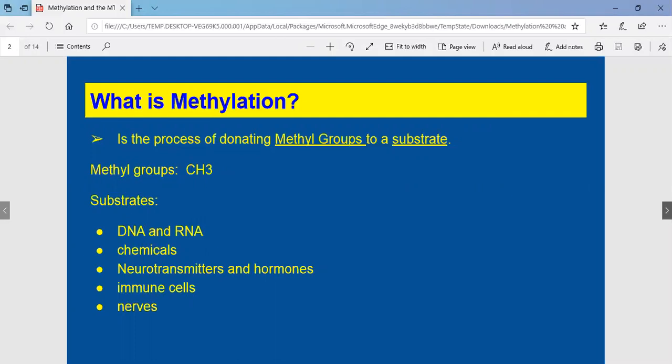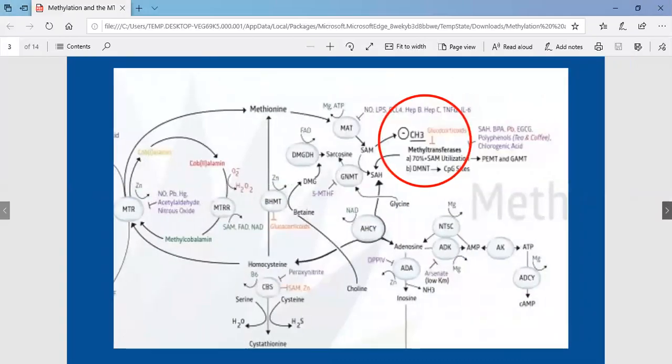So the MTHFR enzyme does that. But what happens is that some people have a genetic mutation on the MTHFR gene. Therefore, when they try to perform a whole chemical reaction in the body, they can't quite produce enough of this carbon group here in this complicated chemical reaction. And they can have consequences because of that.